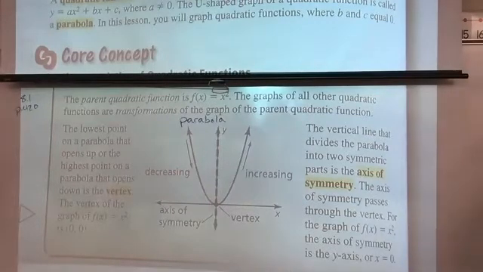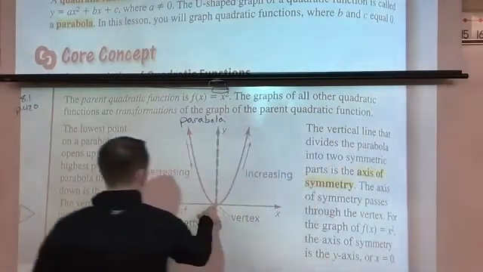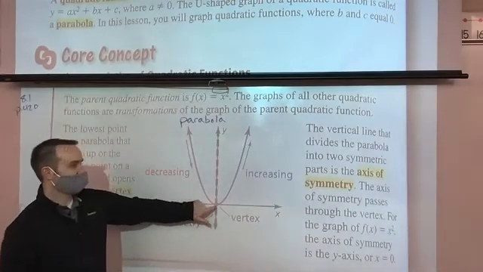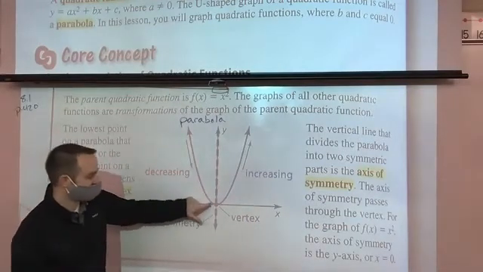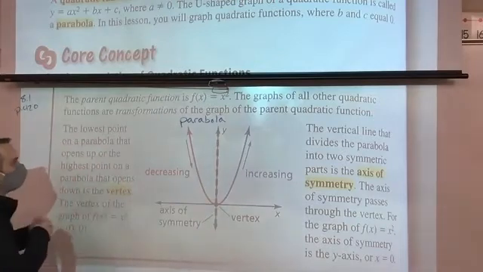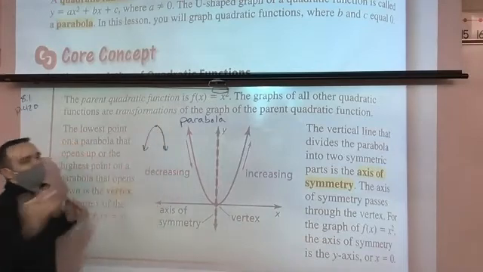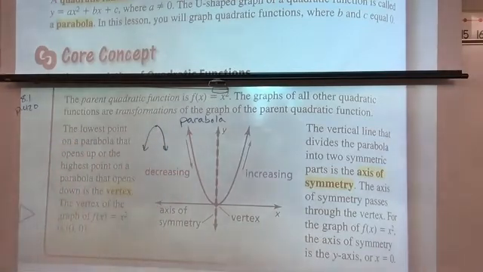So you see that parabola, that U shape. A couple things to point out about it. The very bottom, or it's going to be the very top, is going to be called the vertex. Okay, it's that very bottom point, or if our parabola went the other way, then it would be the very top point, right? So that vertex is that very highest or lowest point on that.